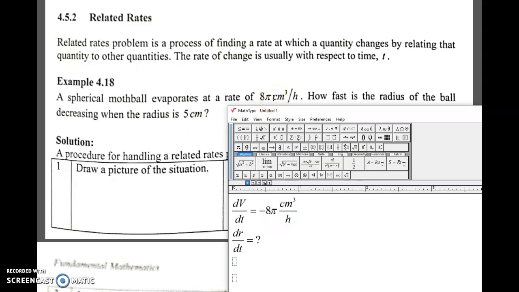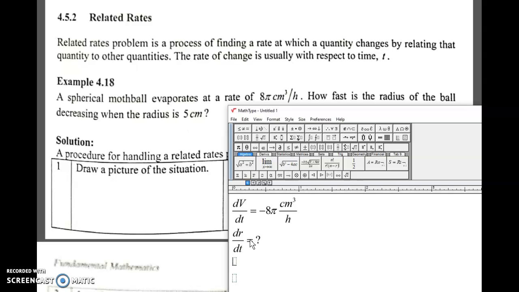Okay, and you might be wondering how can I write this down? This is a derivative, right? Derivative talks about change of y over change of x, right? And how can I decide that it is dV over dt and this dr over dt?